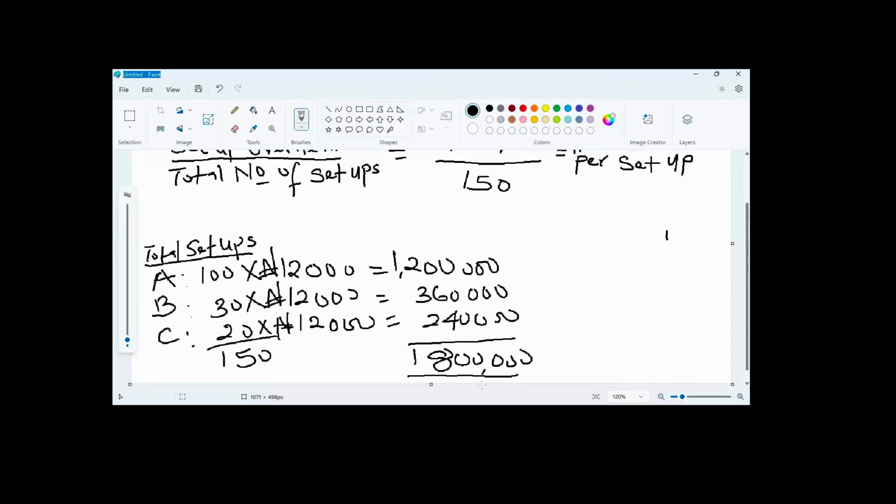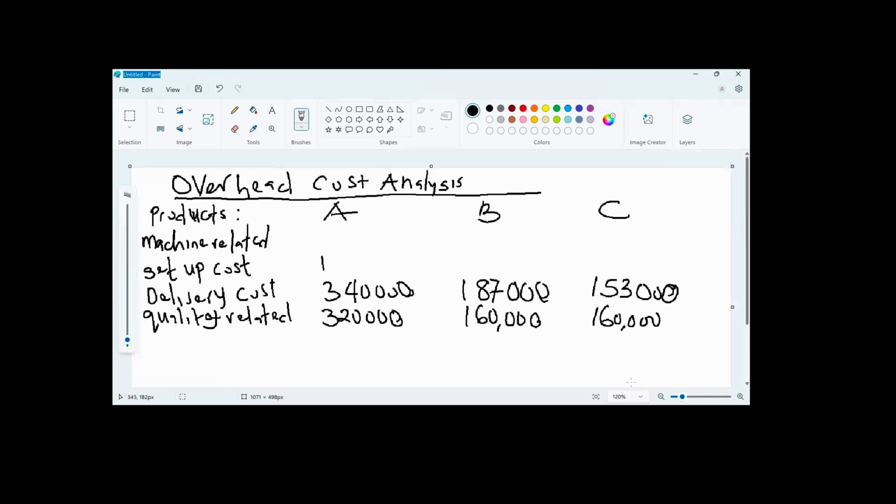Yes, sir. 1.2 million for A, 360,000 for B, and 240,000 for C. I'll come here: 1.2 million, $360,000, 240,000. Then I'll go to the last one.